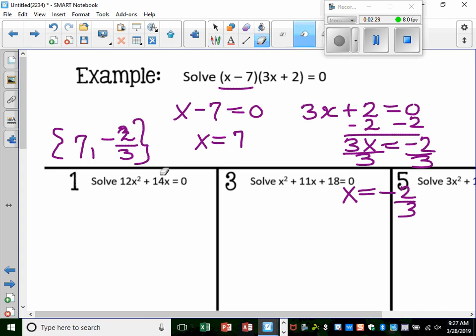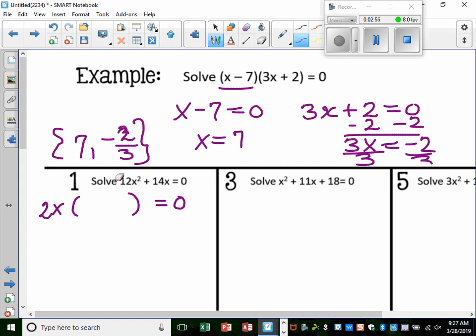So let's start with question number 1. In question number 1, sometimes you can simply, again, factor out the GCF. So the GCF in number 1: what will 12 and 14 have in common? 2. And when you look at the variables, they also have an x in common. So you're going to factor out a 2x.